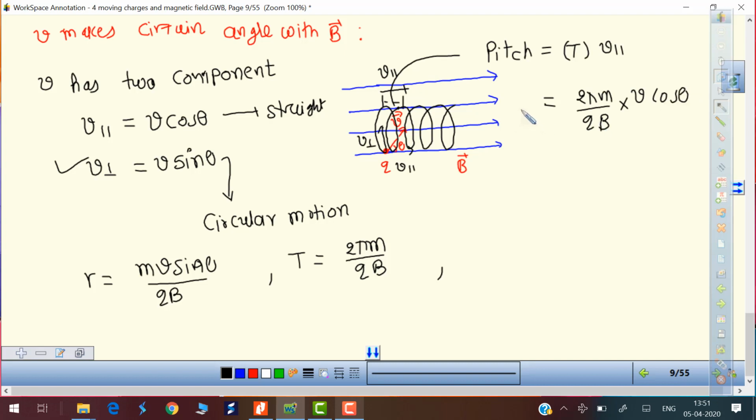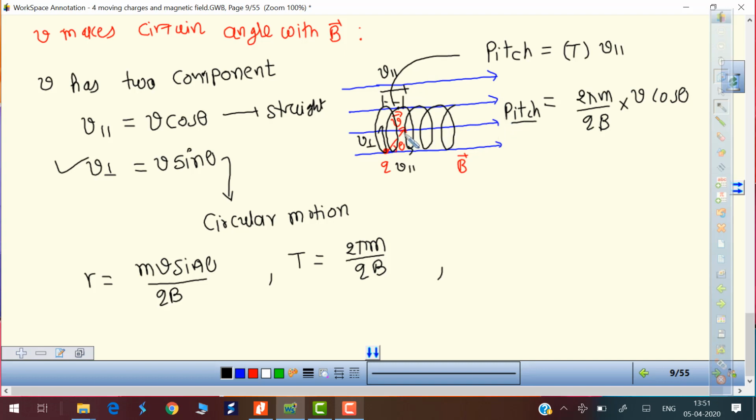So we can determine the pitch, and sometimes a problem is written like this: how much time does it take to cross this much length? If you know the pitch, from the pitch you can find how many rotations are required.